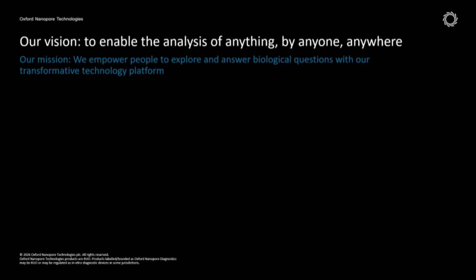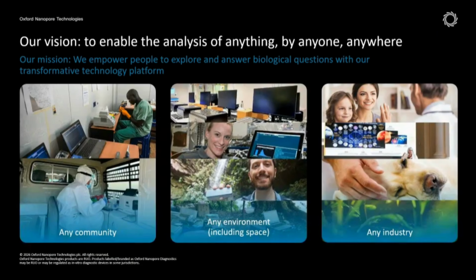Users of nanopore sequencing have used it to understand biology or to develop methods that might be used for routine tests. It has been applied in many different communities and environments, including space. They brought the device all the way to the space station and tried sequencing there in microgravity.